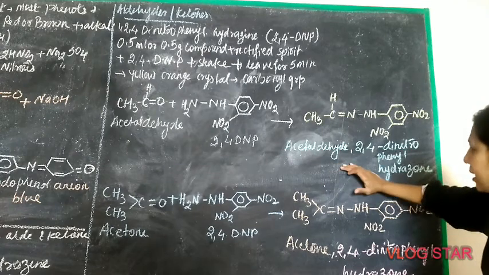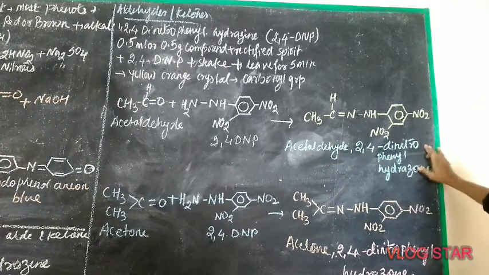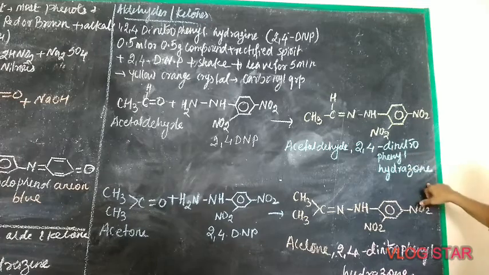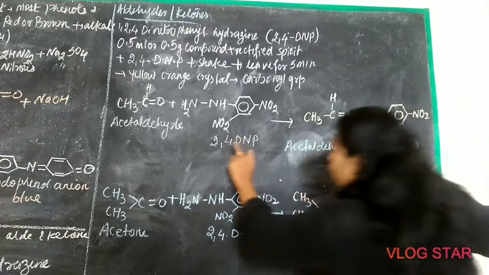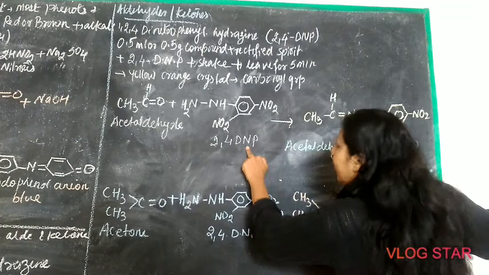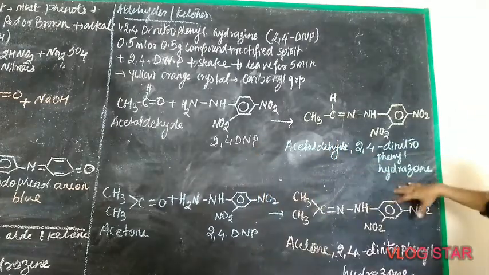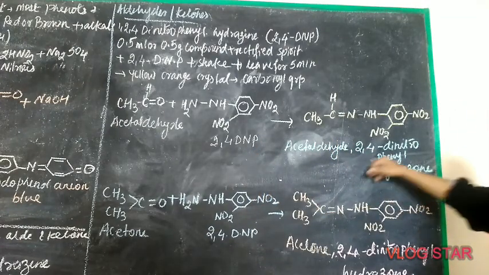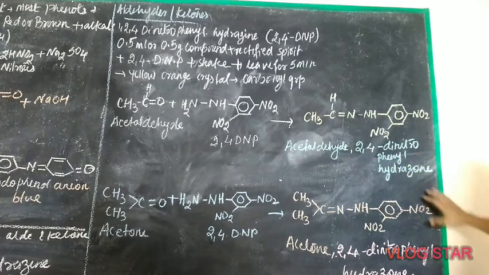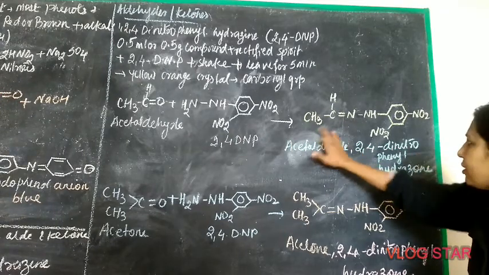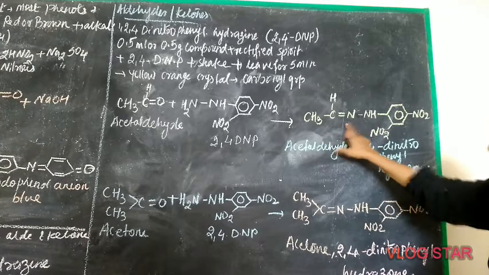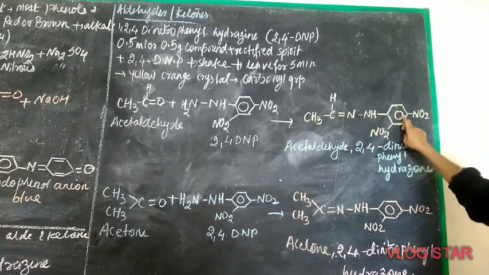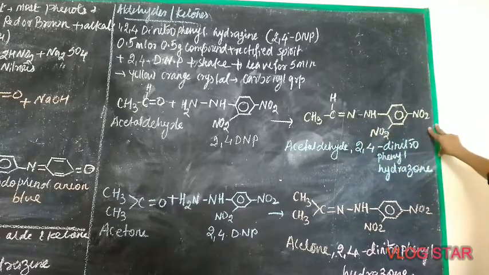It gives acetaldehyde 2,4-dinitrophenylhydrazone. We had taken 2,4-dinitrophenylhydrazine and we get acetaldehyde 2,4-dinitrophenylhydrazone, that is CH3CH double bond N, NH, the aromatic ring with two NO2 groups.